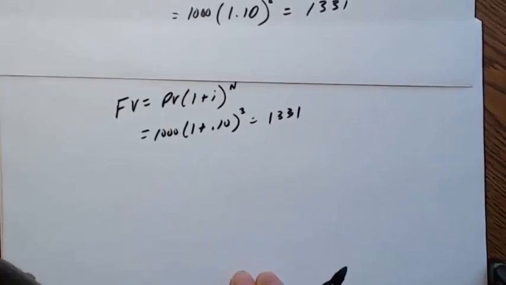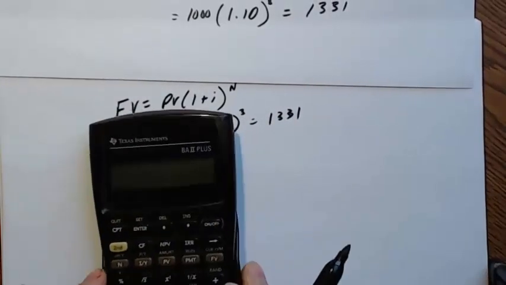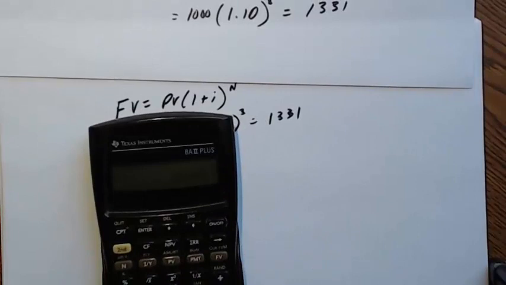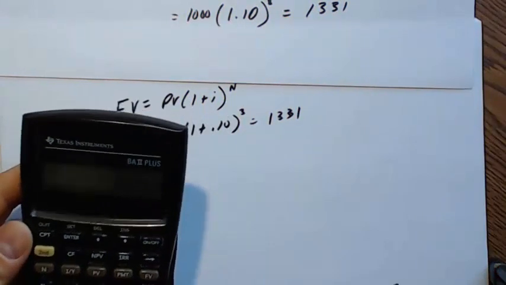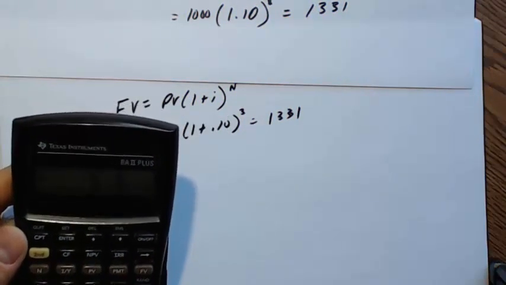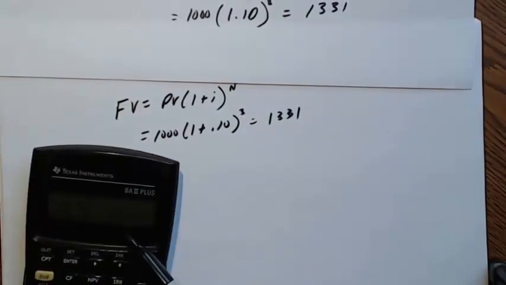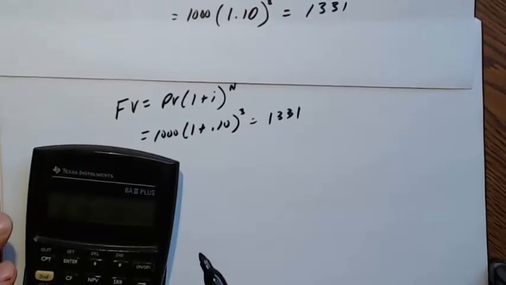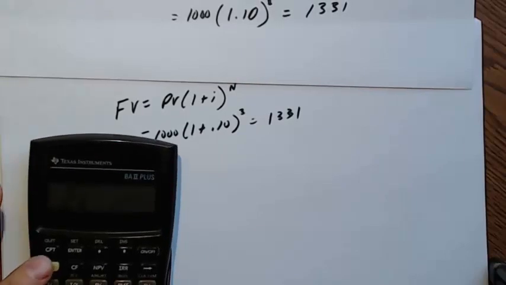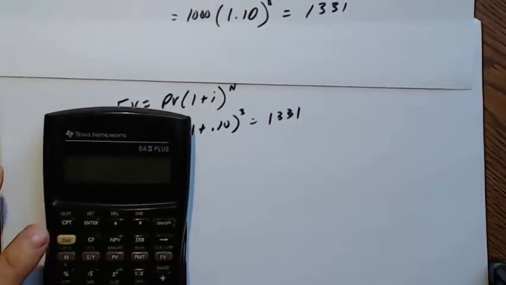Turn on the calculator. And by the way, when you turn on your financial calculator, it may not come out too well in a video, but you need to make sure that you have the right number of decimals going across. If you have only two digits to the right of the decimal, you probably need to expand that. The way you do it is you hit second, the yellow button, then format, which is where the period is.